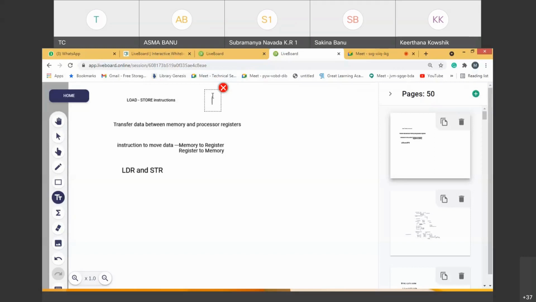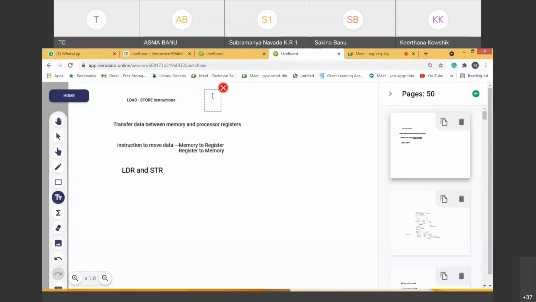Now, to assign the data from the register to memory, the store instruction is used. If I want to fetch from a memory location to the register, I'll use load, LDR, to load the register contents from the memory location. So memory plays a very important role.